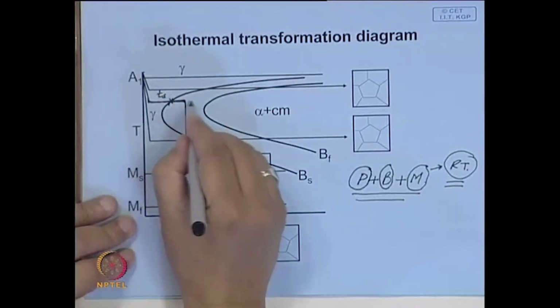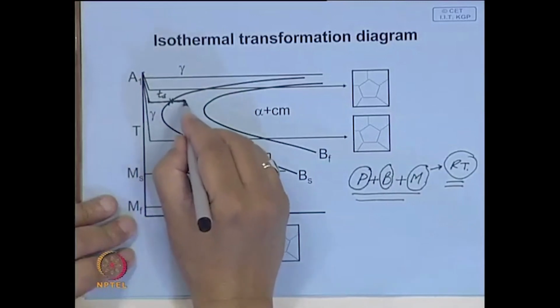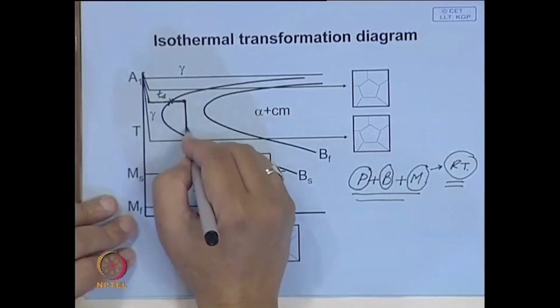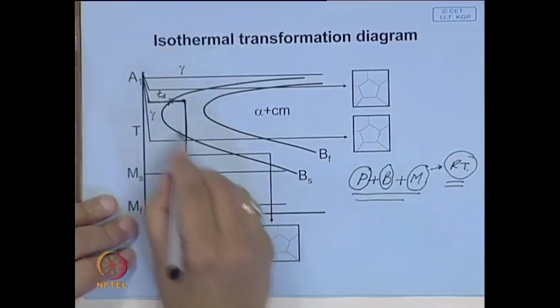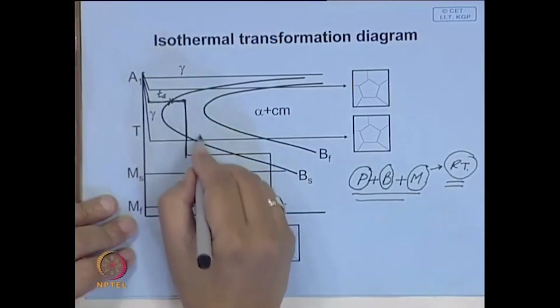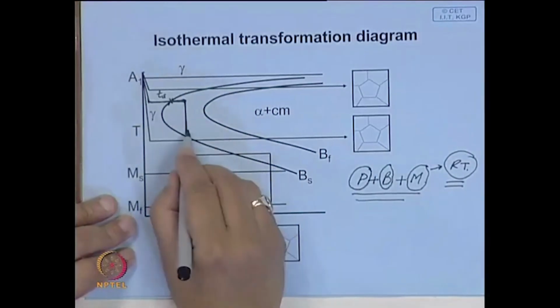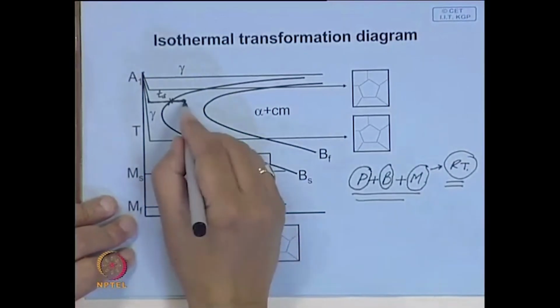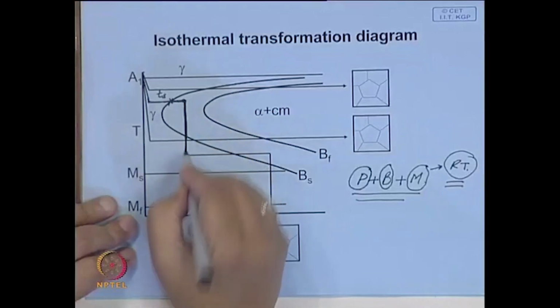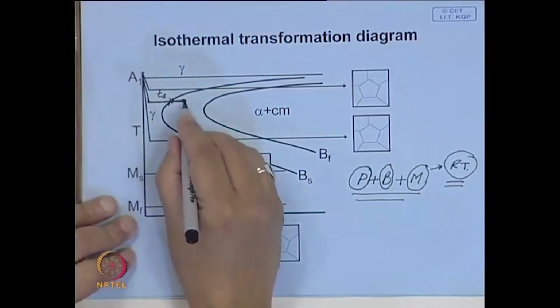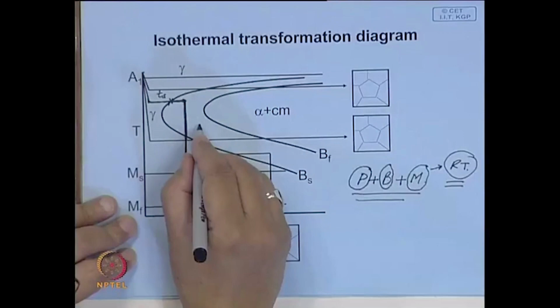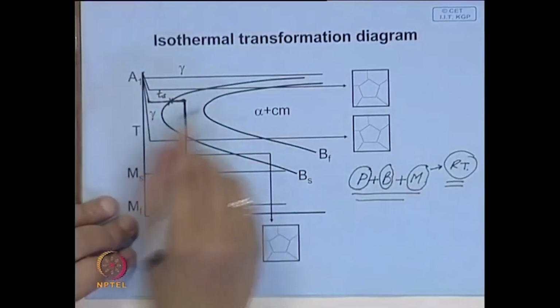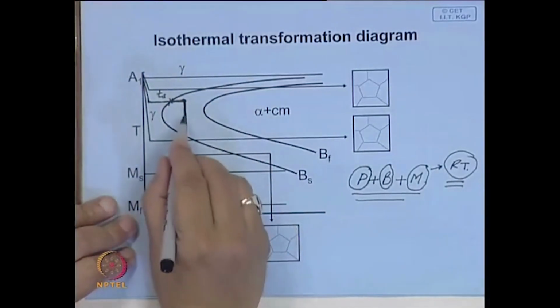It must cross this and be held until then; you quench to another bath. And mind you, even though it is crossing this area does not mean that bainite will form, because for bainite to form carbon has to diffuse, and when you are quenching you are not allowing that time. Even though it apparently looks like it is passing through this, mind you, this is an isothermal transformation diagram.